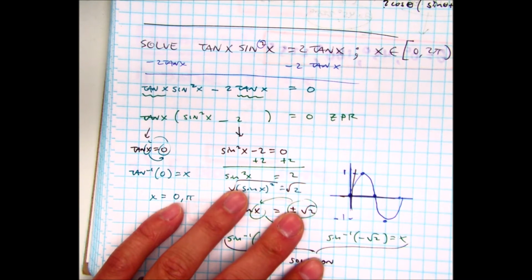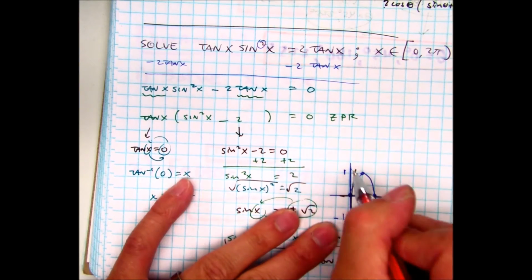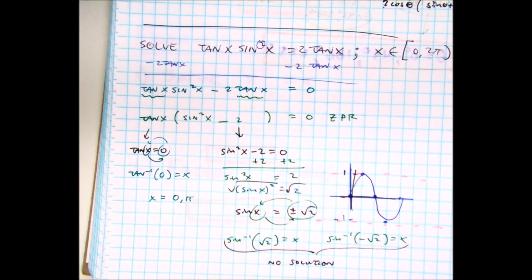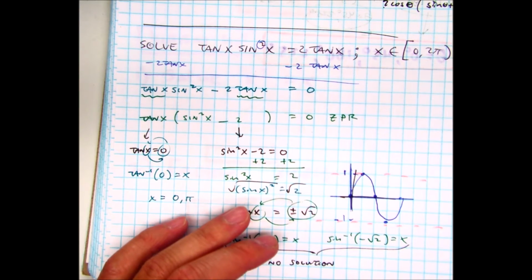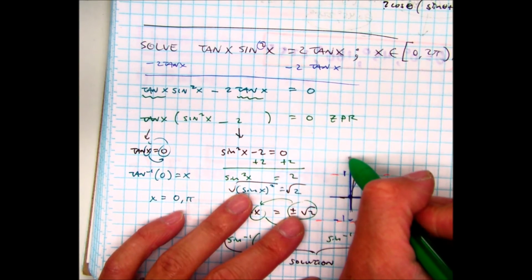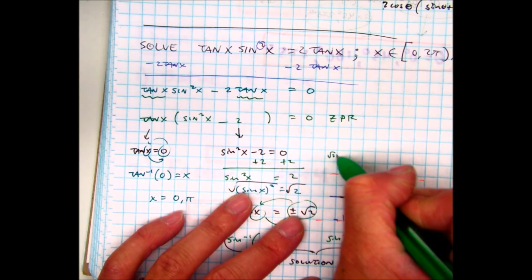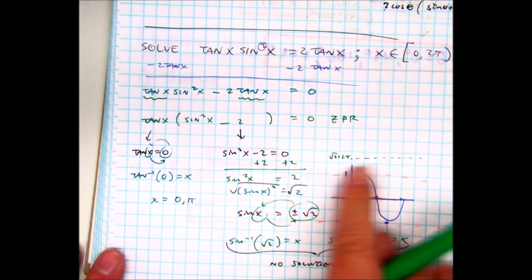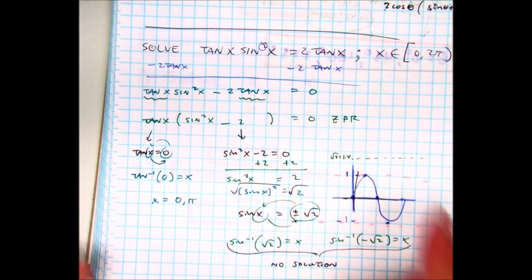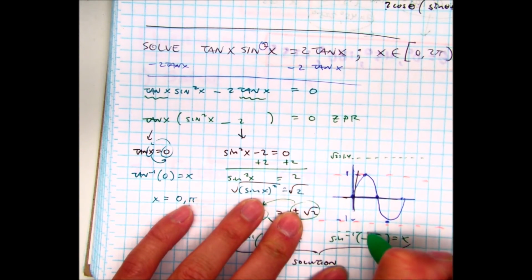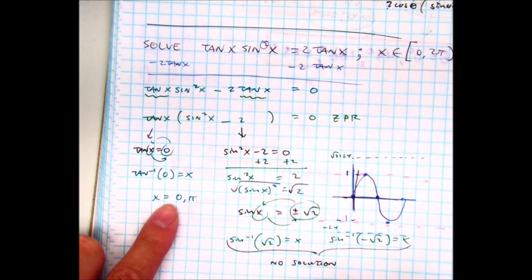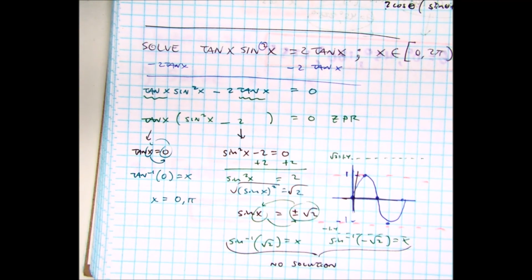So that basically means that it has a maximum of 1 and a minimum of negative 1. Radical 2, though, is about 1.4. Class, does the graph intersect that line? And it doesn't intersect negative 1.4. That's why it's no solution. Therefore, our answers for this problem are 0 and pi.